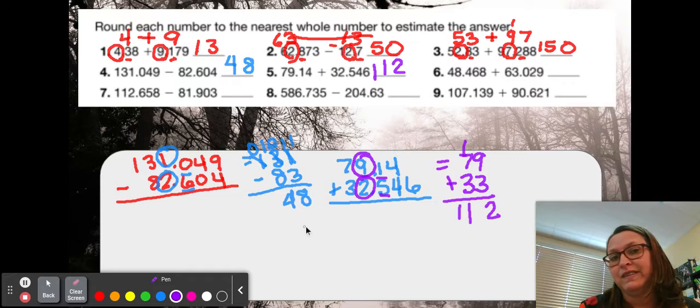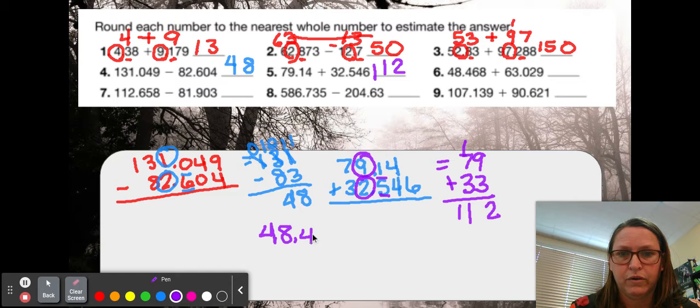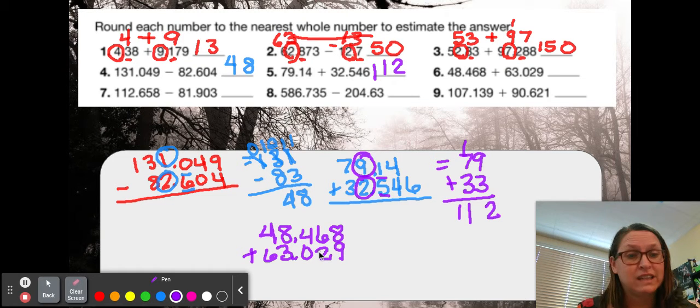And let's look at number 6. I have 48.468 plus 63.029. Again, I did line up my decimal points. Now I am still rounding to the nearest whole number.